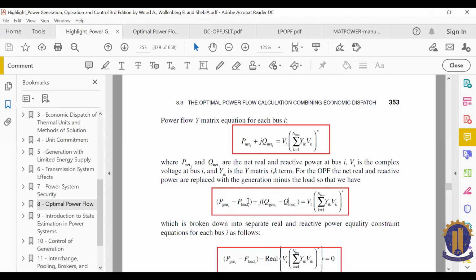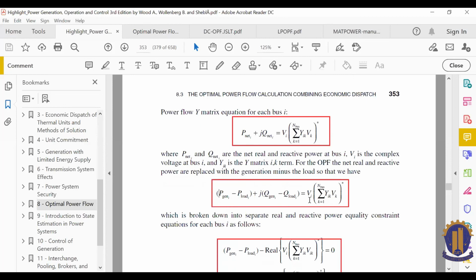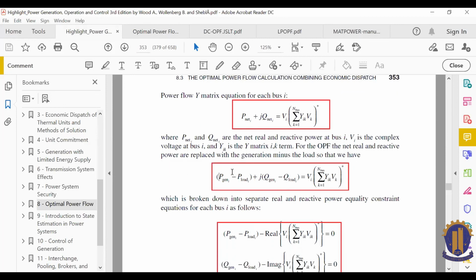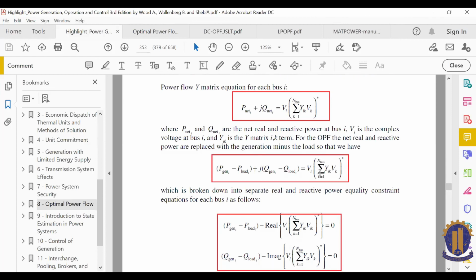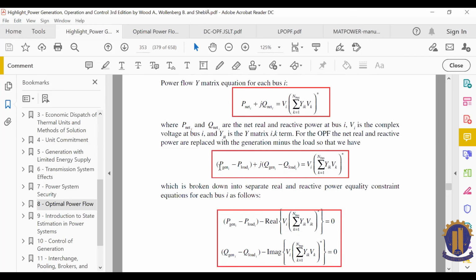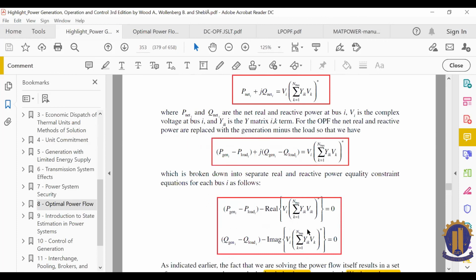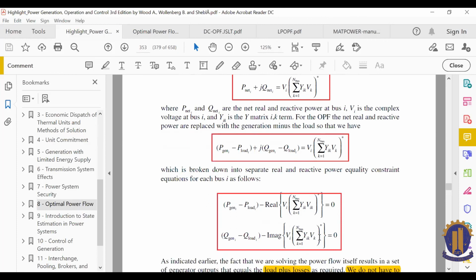So we have to balance generation minus load plus net power, which is equal to this term. If we separate the real and imaginary parts of this expression, we get the real power this way and the reactive power this way.